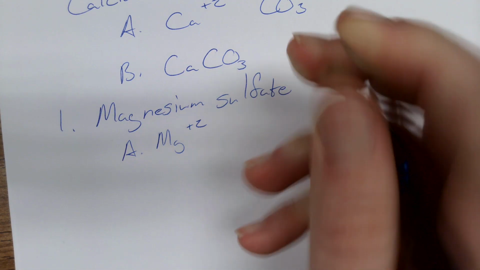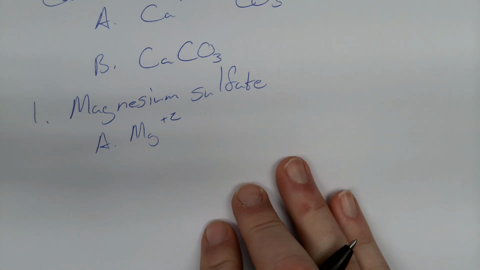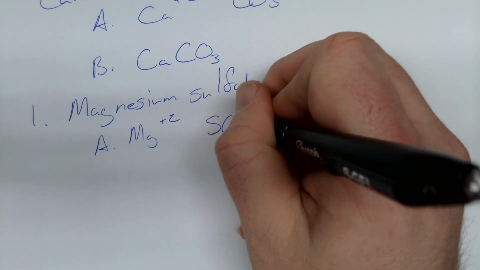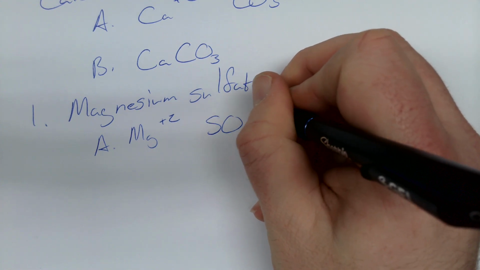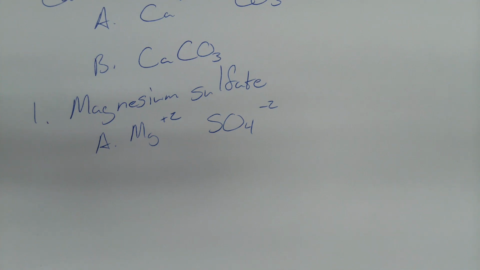Mg plus 2, right? Magnesium is number 2 in our alkaline earth metals, right next to sodium. Sulfate, I pull from my table: SO4 with a minus 2 charge. Everyone agree that's sulfate?